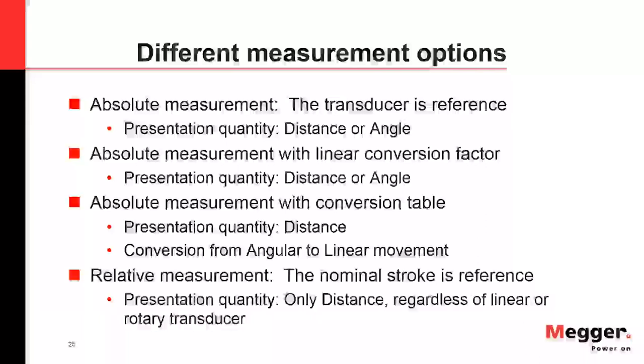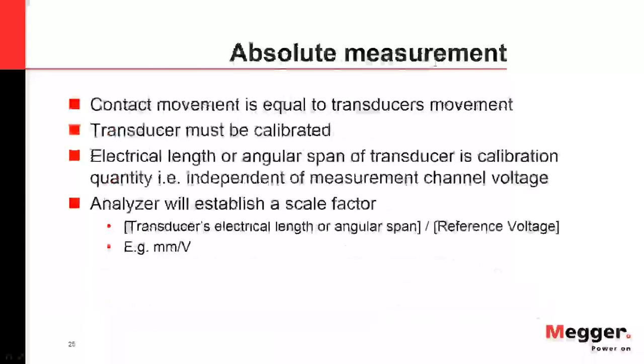Or you can make an absolute measurement with a conversion table. So now you can measure with a linear or a rotary transducer and then convert it over to a linear movement. And then you can also do a relative measurement where you hook up this transducer and you physically measure the stroke, and you say, all right, whatever that transducer moves, we know that the breaker is operating correctly. We're going to define that as this distance.